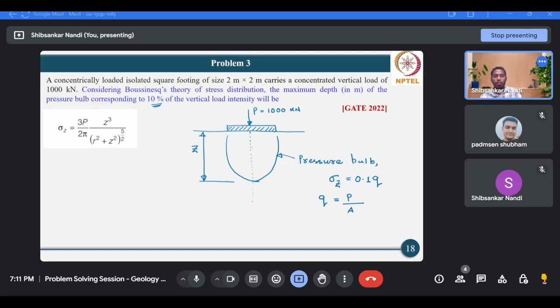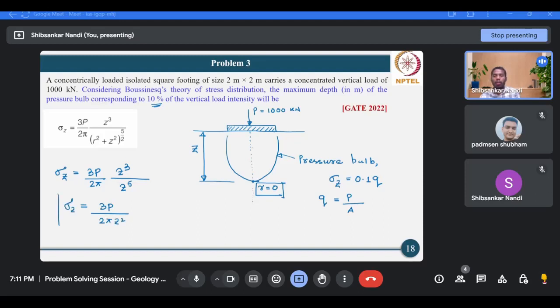So for this point, this r will be 0. This horizontal distance is 0. So this equation we can modify: 3P by 2 pi, z cubed by z to the power 5, therefore 3P by 2 pi z squared.